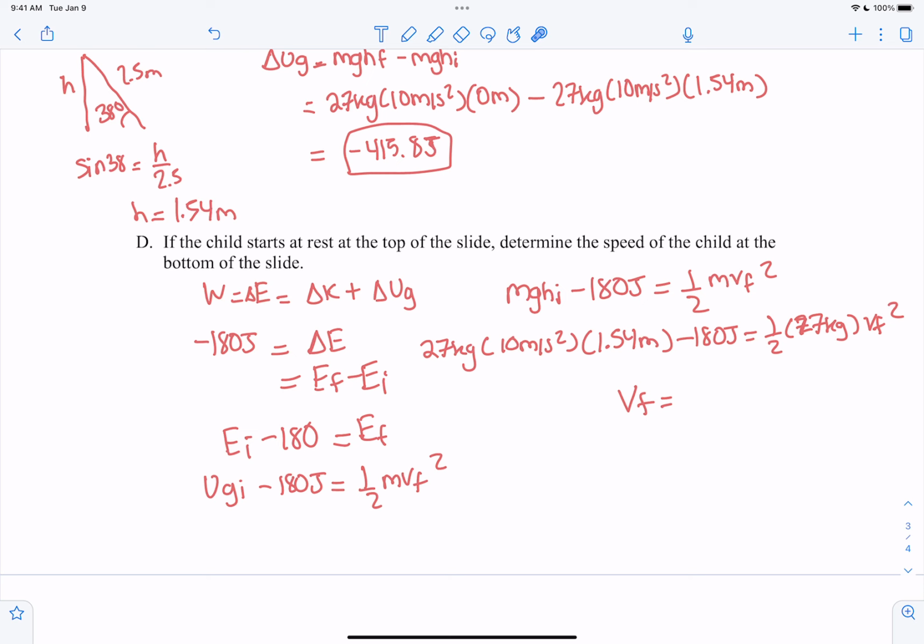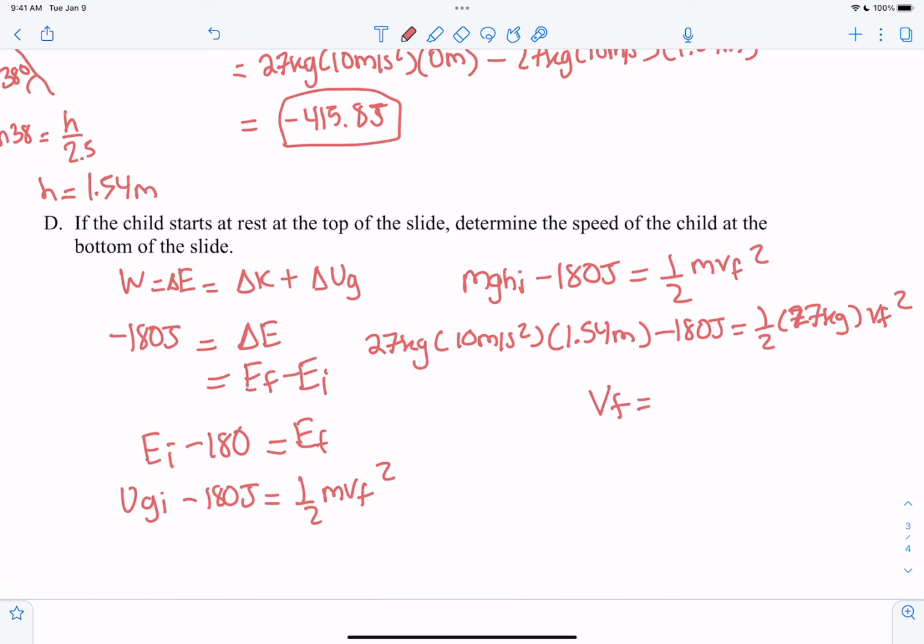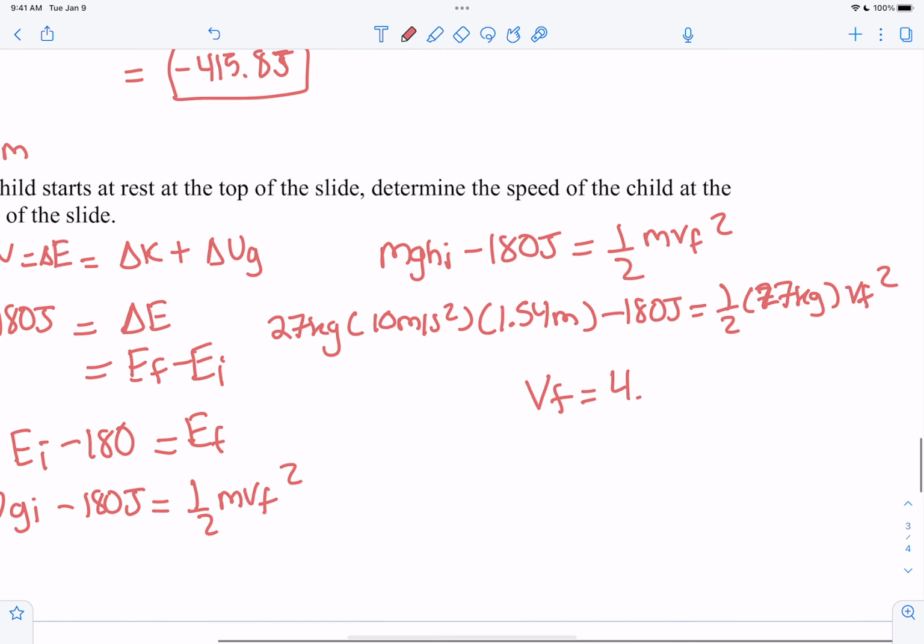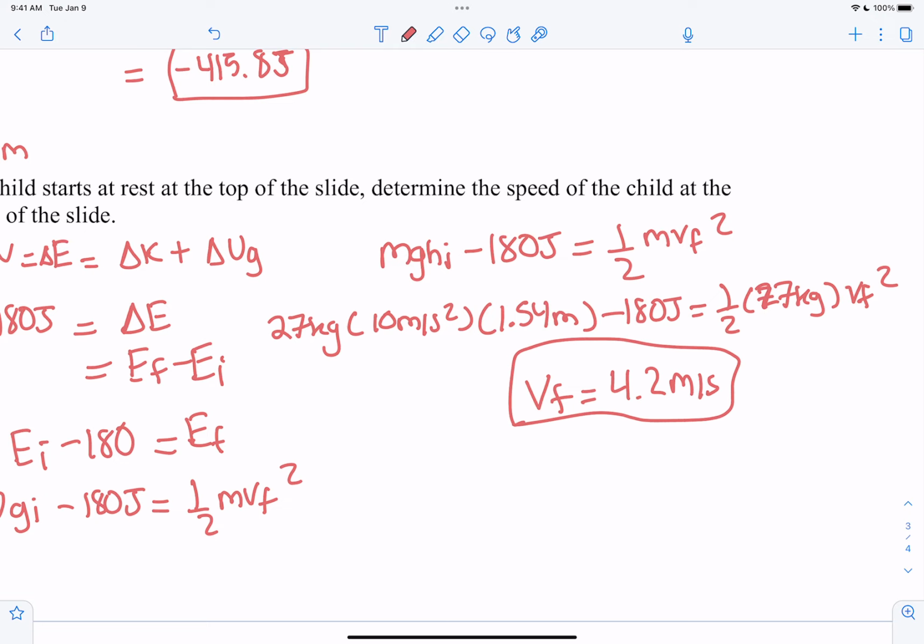So it's all movement now. It's all kinetic, there's no potential energy. That's why my EF there is only made up of kinetic. So your VF should then be equal to around 4.2 meters per second, I believe, once you calculate that out.